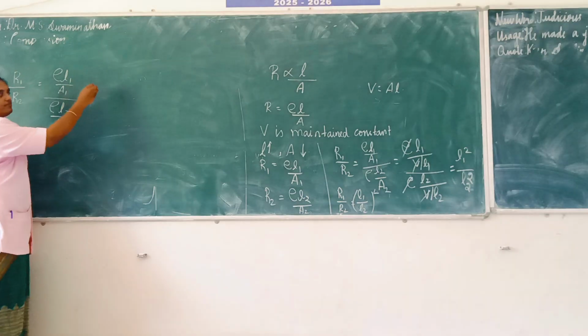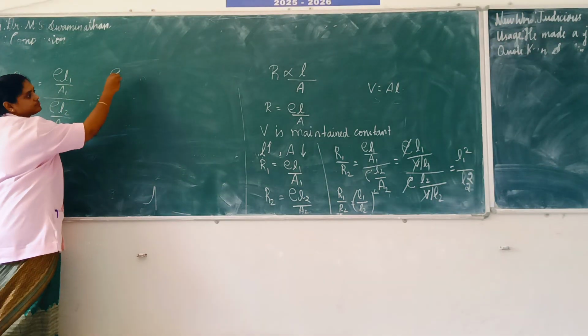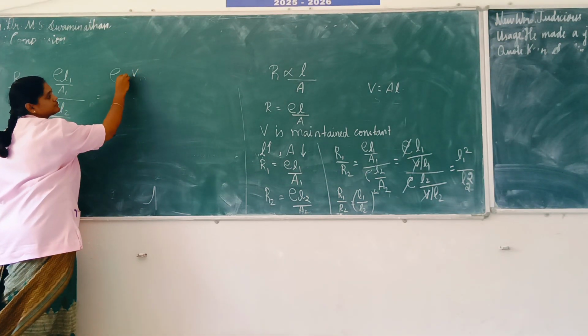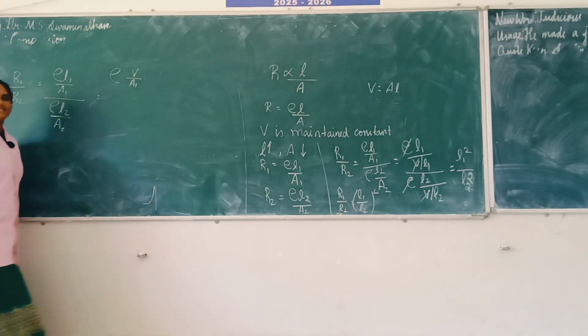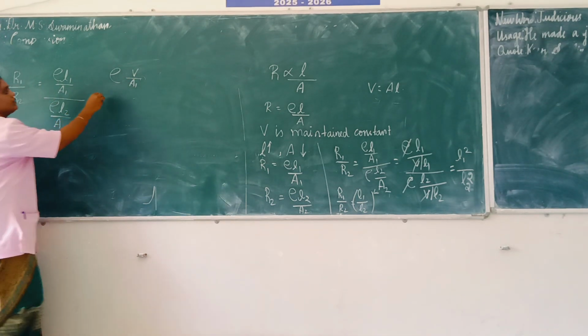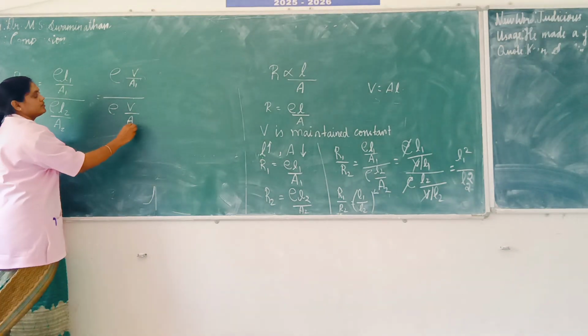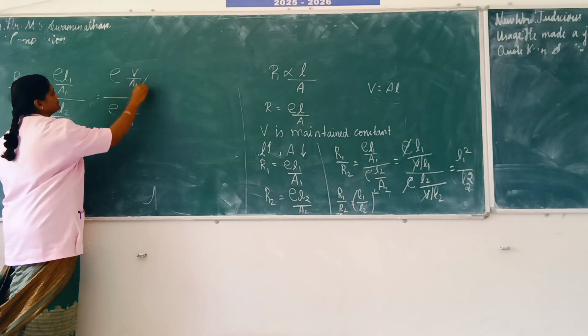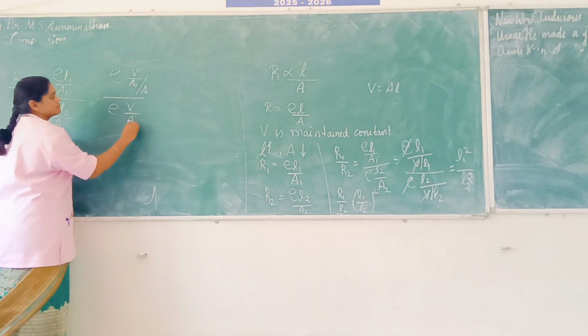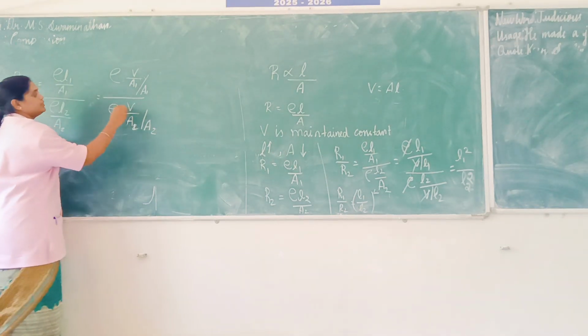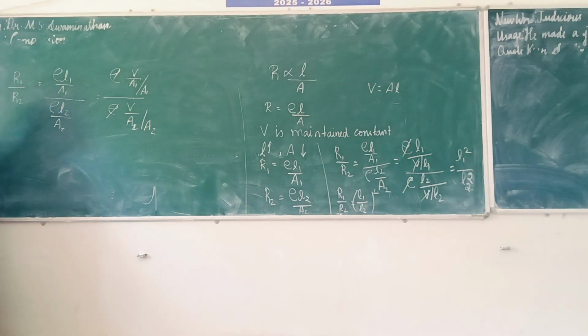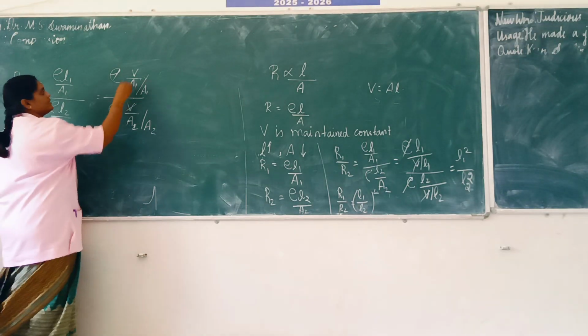Instead of L we can write V by A. V is constant, isn't it? Here also rho gets cancelled, V gets cancelled.